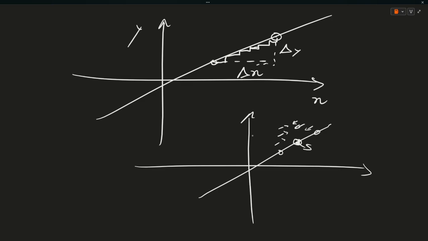And at this point, we're asking the question of, very specifically, at this point here, what is the gradient or the rate of change of this function? That is where differentiation comes into it.